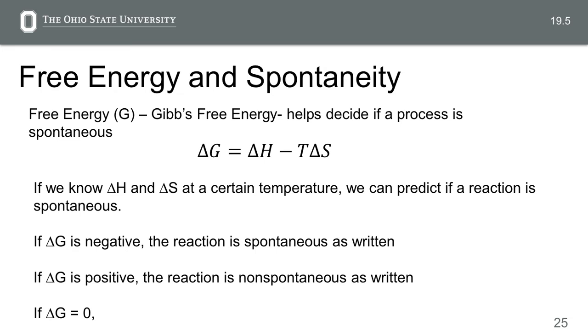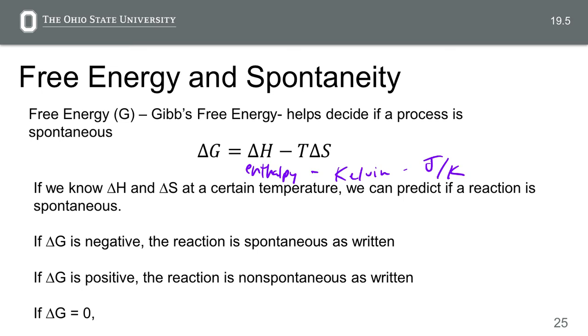Okay, so this equation, delta G, our Gibbs free energy, equals delta H, the enthalpy, minus T, the temperature in Kelvin, and let's put that in Kelvin, and then times the entropy, which is going to be in joules per Kelvin.